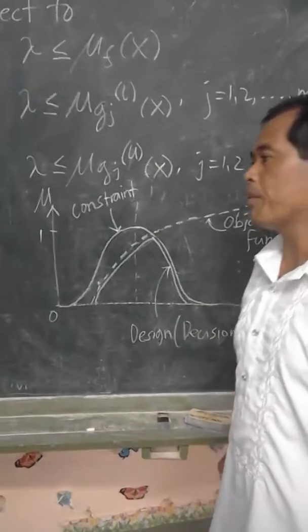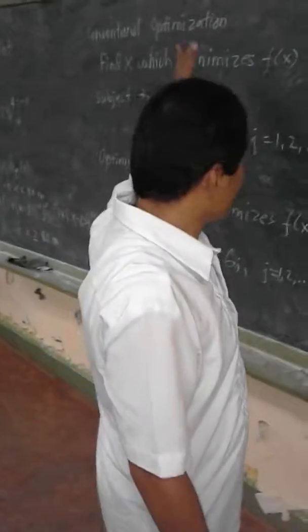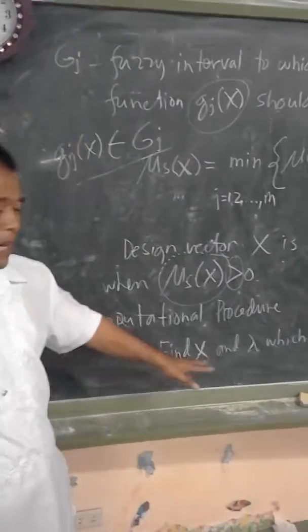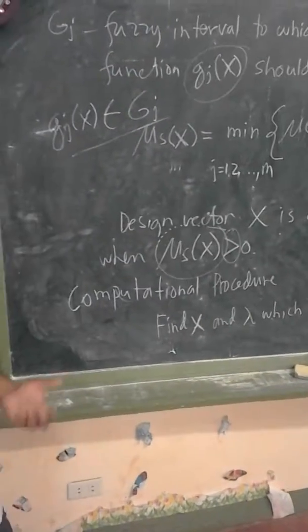Okay, the computational problem is slightly the same as the conventional optimization and optimization problem, but they differ only with lambda, this new variable.